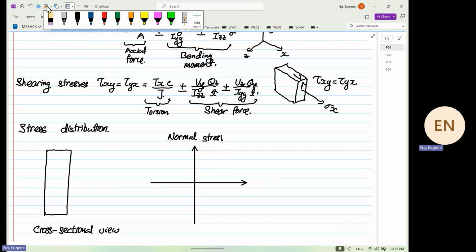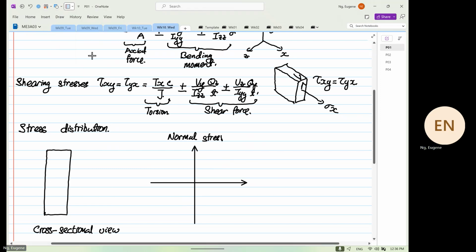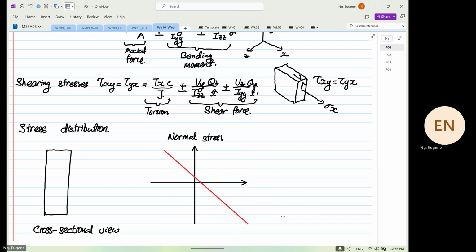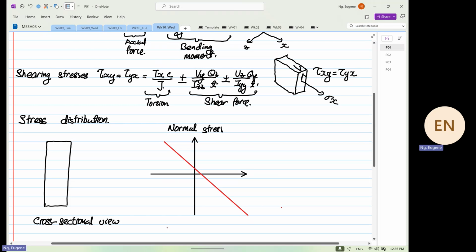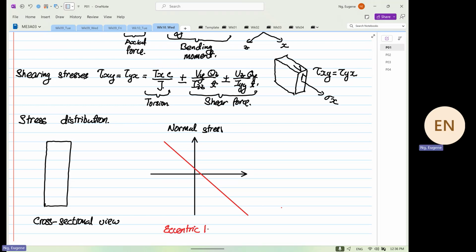What you will realize is this. Okay. So for this case, it's under eccentric loading.